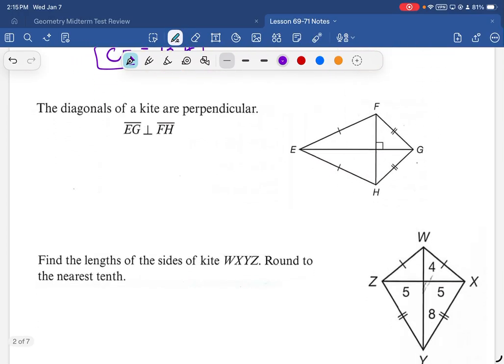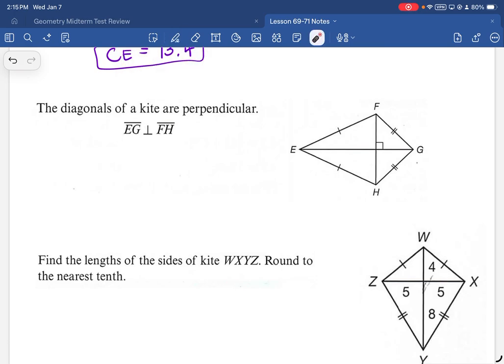Okay, last postulate that we're going to cover today. This time it's about a kite, so they're switching it up on you. But no different in the sense that these are the diagonals of a kite. So when you hear the word diagonals of a kite, I want you to know that that's what they are referring to.